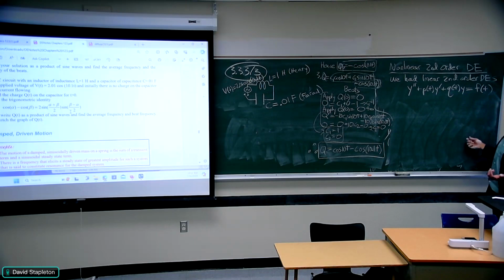We said, well, if you can guess one solution, you can use reduction of order to find a second solution of the homogeneous problem. When there's zero here, and if there's not zero, you can use variation of parameters to find a particular solution and add and get the general solution for this kind of equation. If you can just guess one solution. And so that was a strong group of techniques.